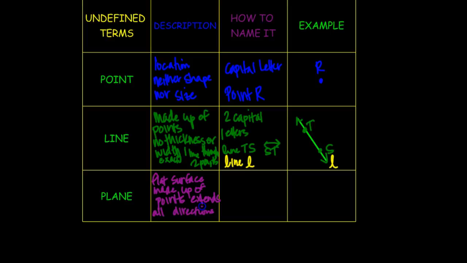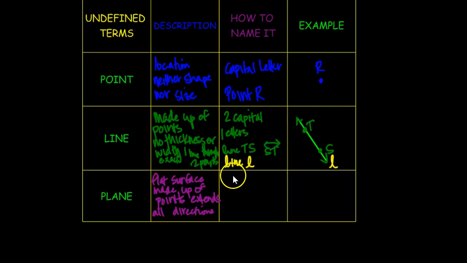All right, so also a plane, exactly one plane goes through 3 points, but those points cannot be on the same line. So a plane goes through exactly one plane through any 3 points, but those 3 points cannot be on the same line. All right, so I'll show you an example of that too.